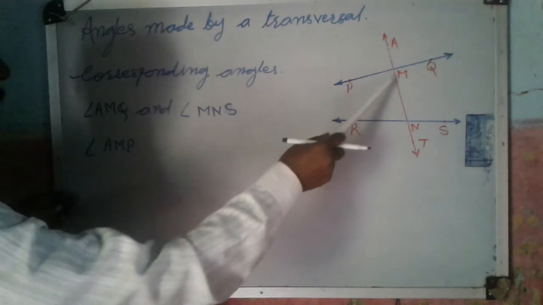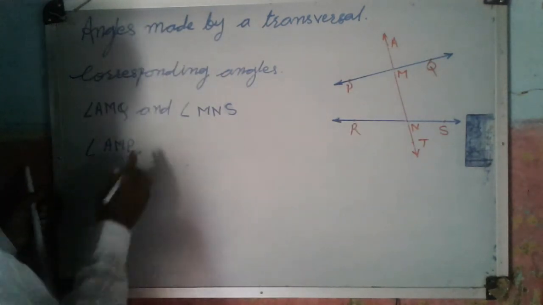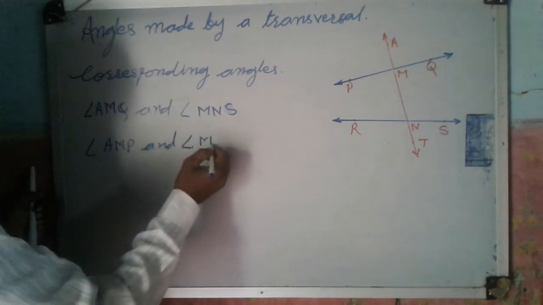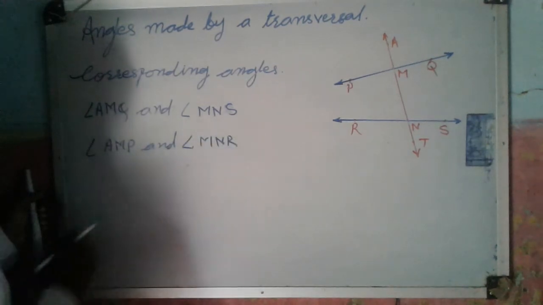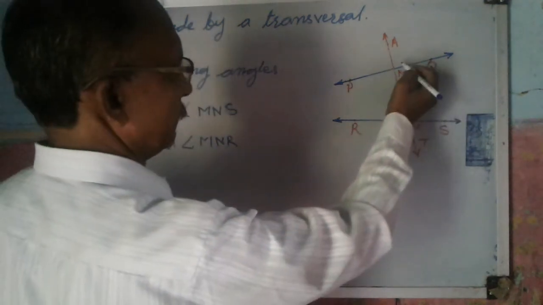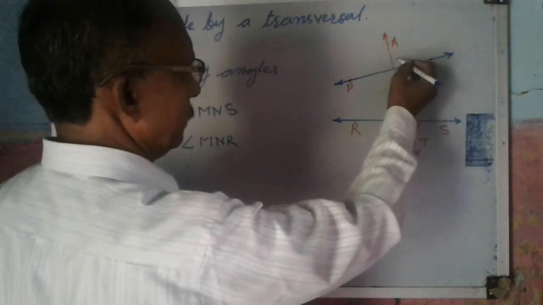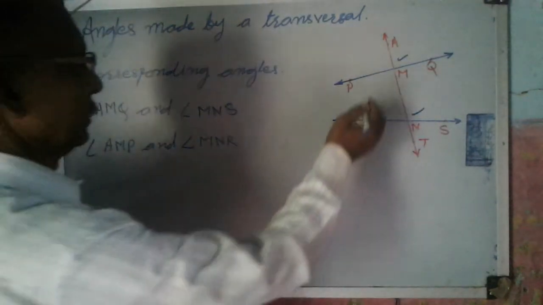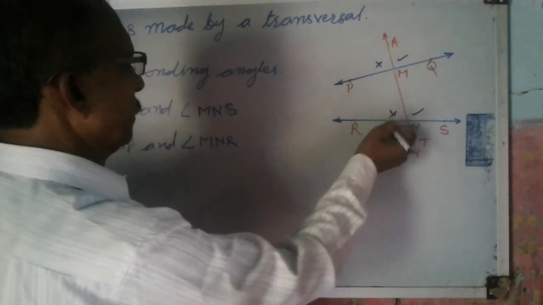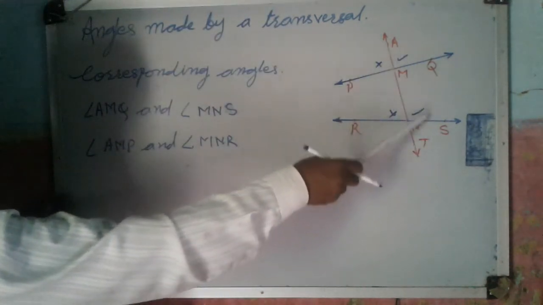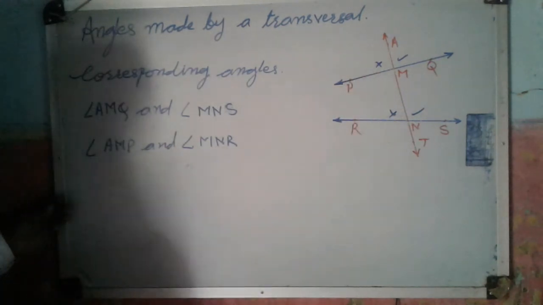AMP and MNR. This is one pair. Okay, that means this is one pair, this is another pair. The first pair of corresponding angles, second pair of corresponding angles.